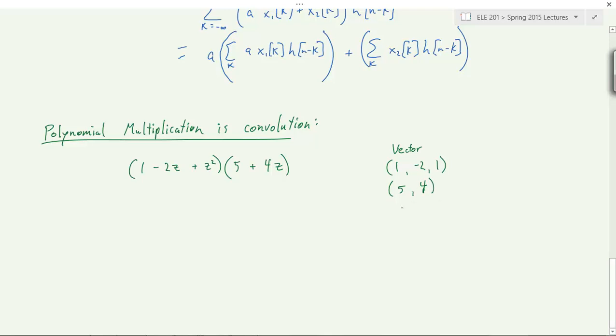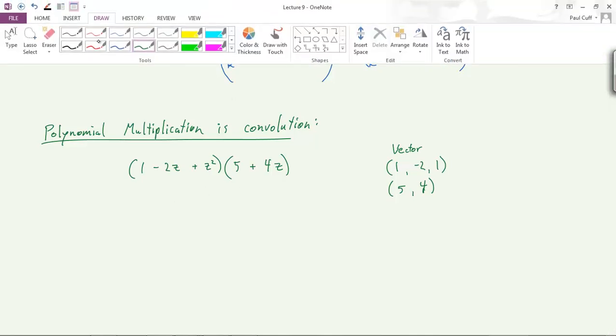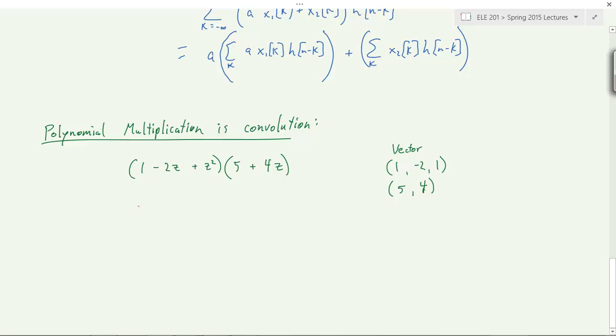Why is that? Well, to calculate all the outputs, I have to do all the cross multiplies, but I'm going to do it in a certain order. I'm going to put 5 here, 4z here. I'm going to multiply the terms that are straight above them, so 1 times 5, and 0 times z inverse.